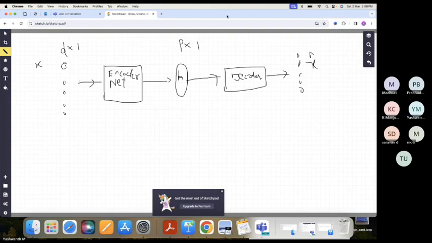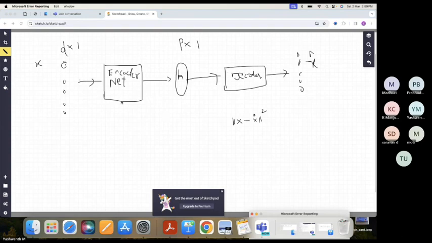And finally, your objective is to minimize this difference. This is theta, this is some phi.